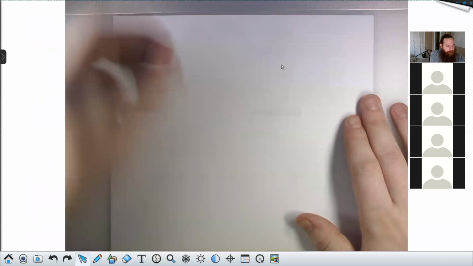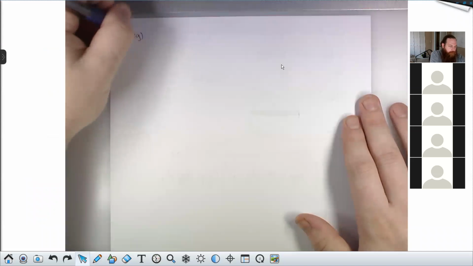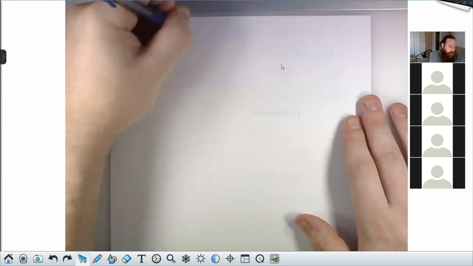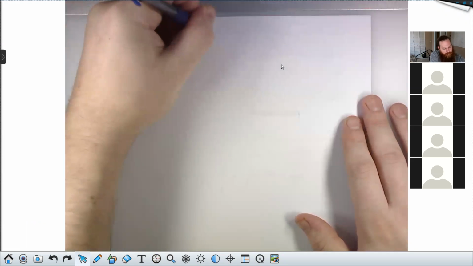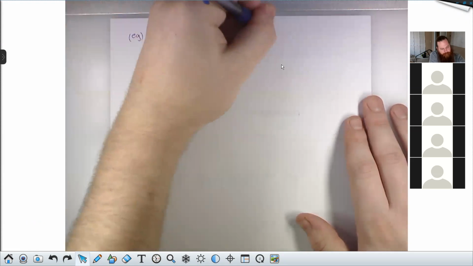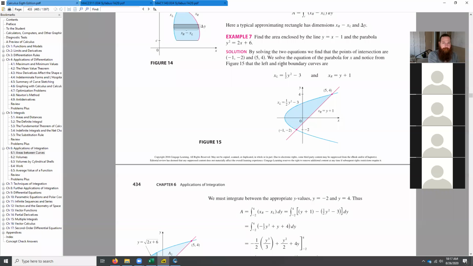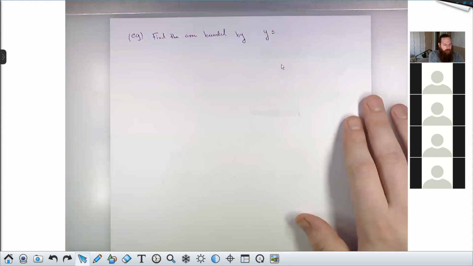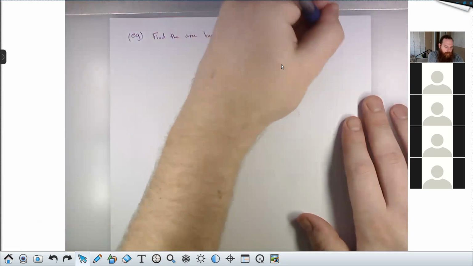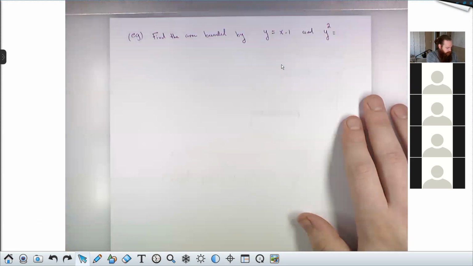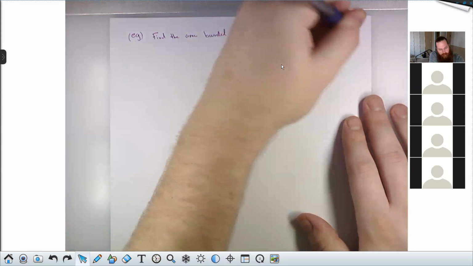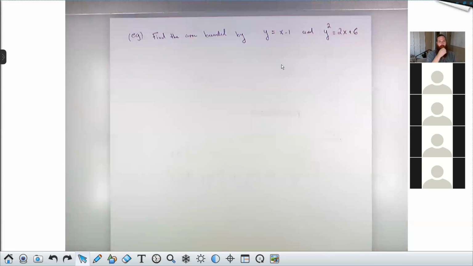X minus 1. So let's find the area bounded by y equals x minus 1, and y squared equals 2x plus 6.